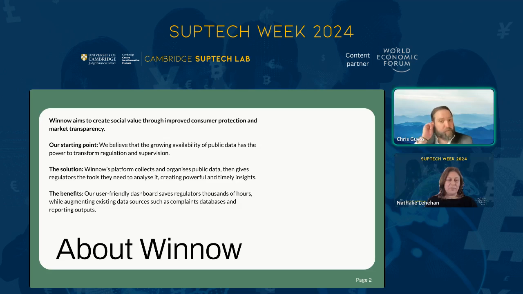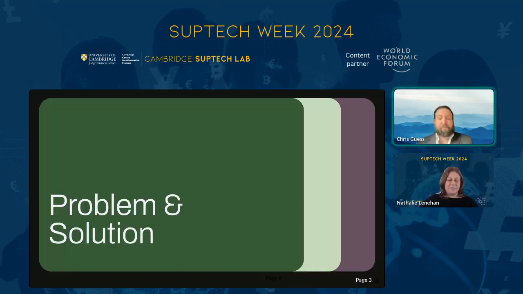So our dashboard is designed to save regulators thousands of hours while augmenting existing data sources such as complaints databases and reporting outputs, as shown by the other presenters today. So we augment all that.